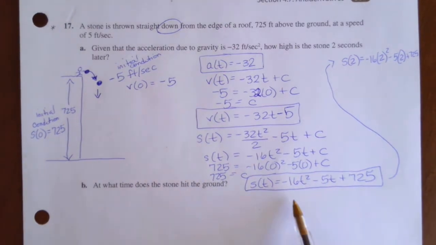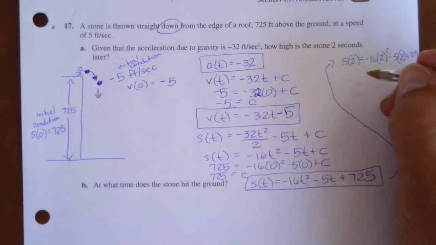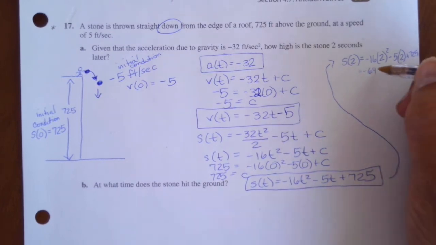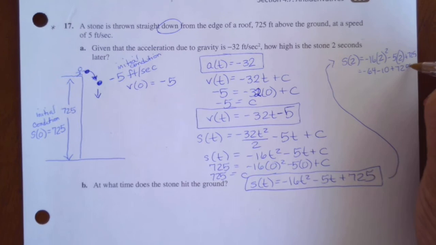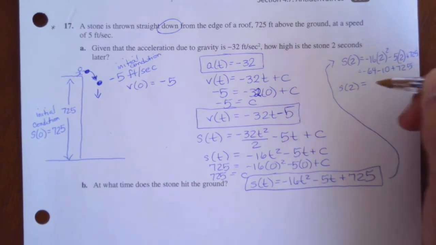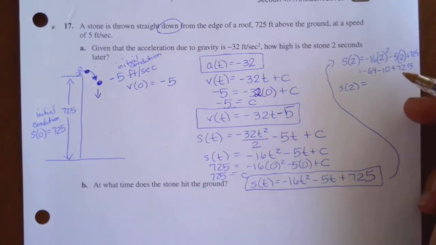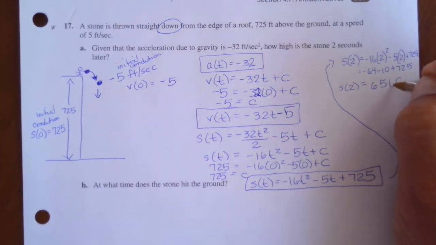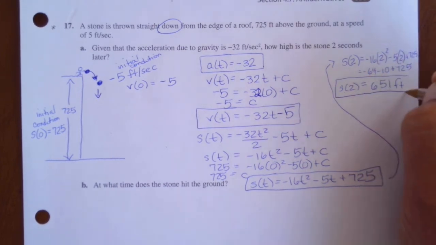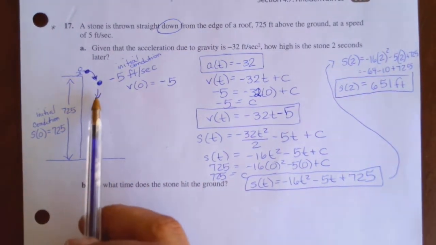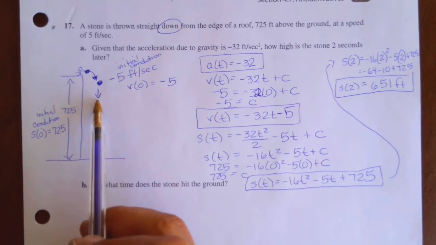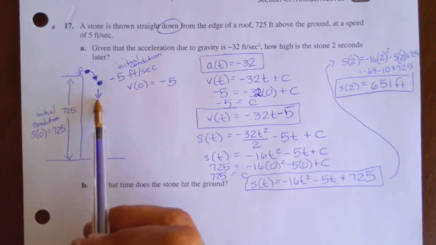We're just plugging in 2 to find the position of this stone. 2 squared is 4 times negative 16, that's negative 64, minus 10, plus 725. Negative 64 minus 10 is negative 74, plus 725, that gives me 651 feet. So after 2 seconds, we're at 651 feet. That's part A.